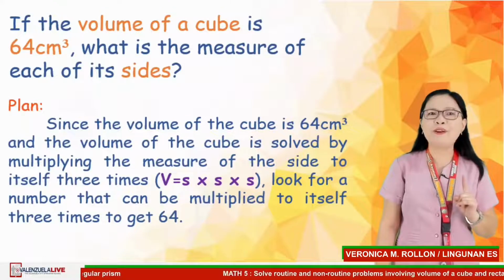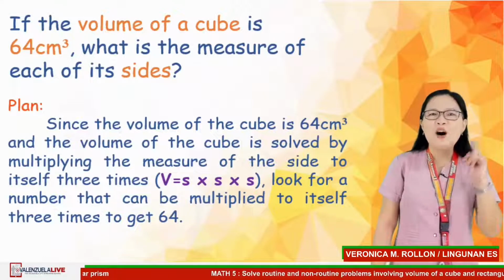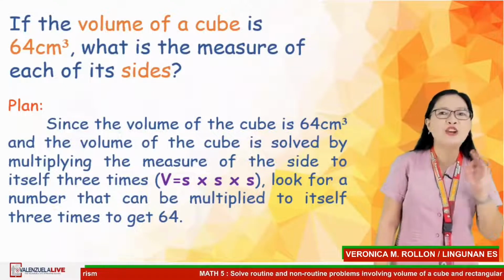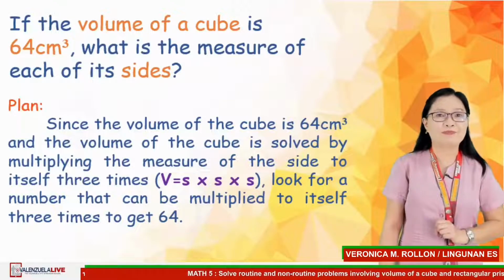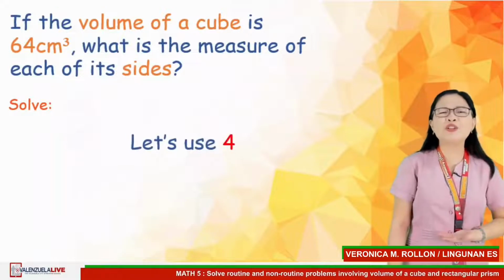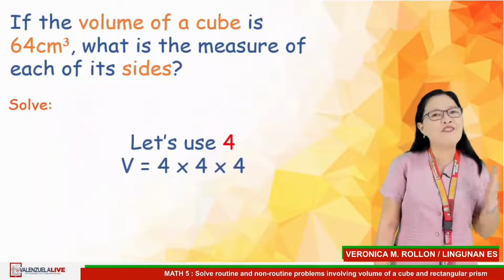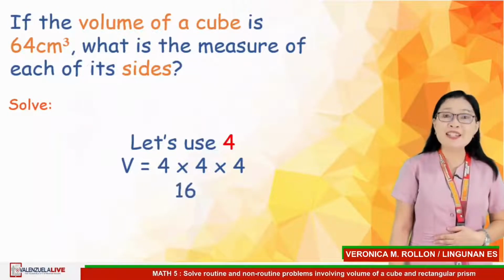Think of a number. What will be the number? When we multiply it 3 times to itself, you'll get the answer 64. Okay, let us solve. Let's try to use 4. Let's multiply 4 times 4 times 4. So 4 times 4 is 16.